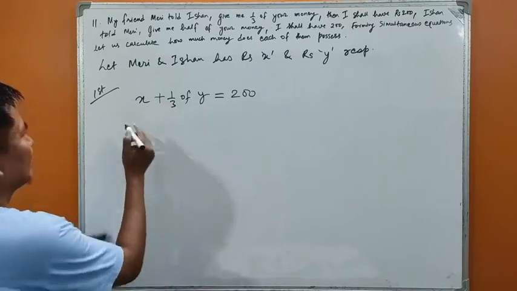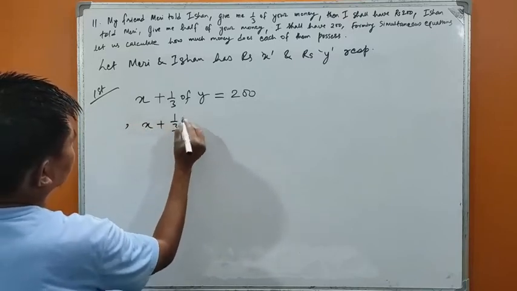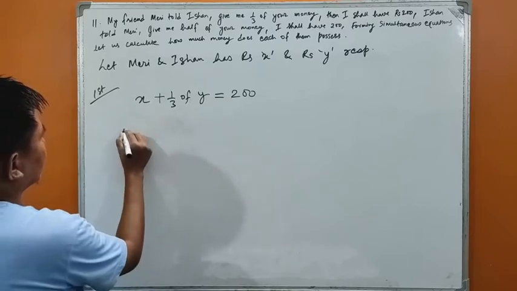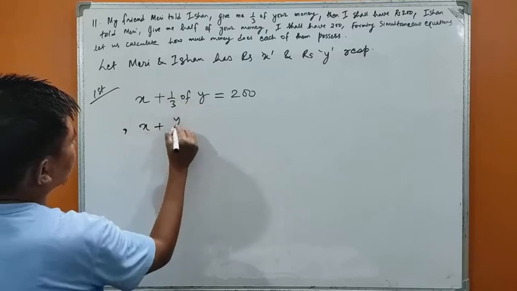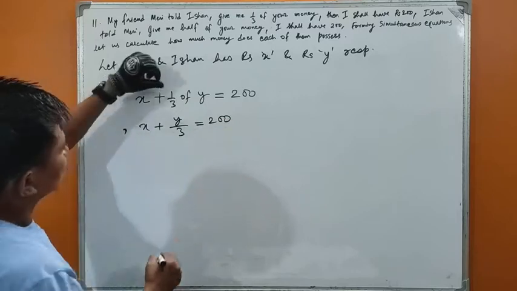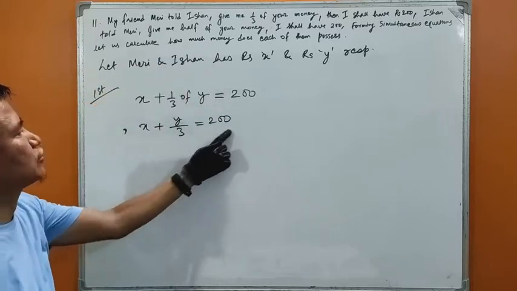So this means our x plus 1/3 of y. Of means into. So x plus 1 into y is y upon 3 equals 200.